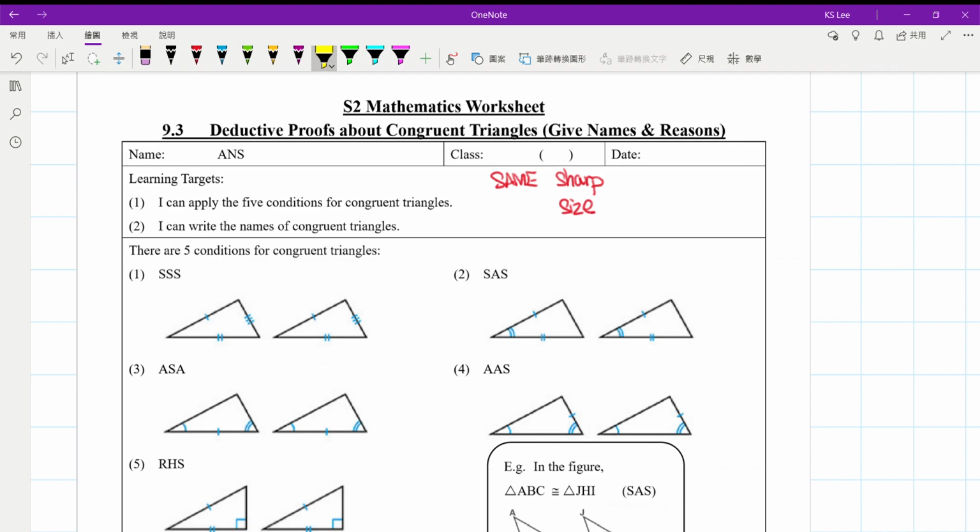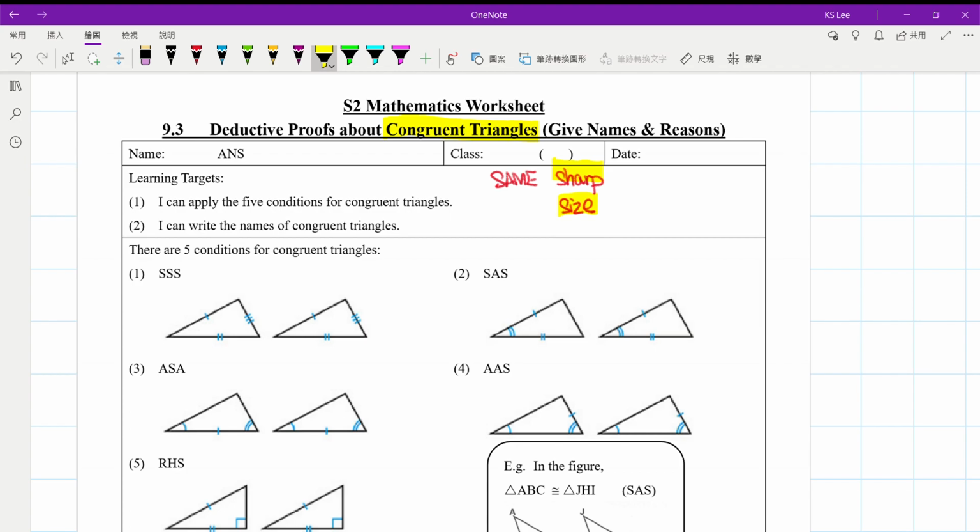We have learned about congruent triangles in Form 1. We can say that two triangles are congruent when they have the same shape and the same size. But we can also apply the 5 conditions to prove a pair of congruent triangles.